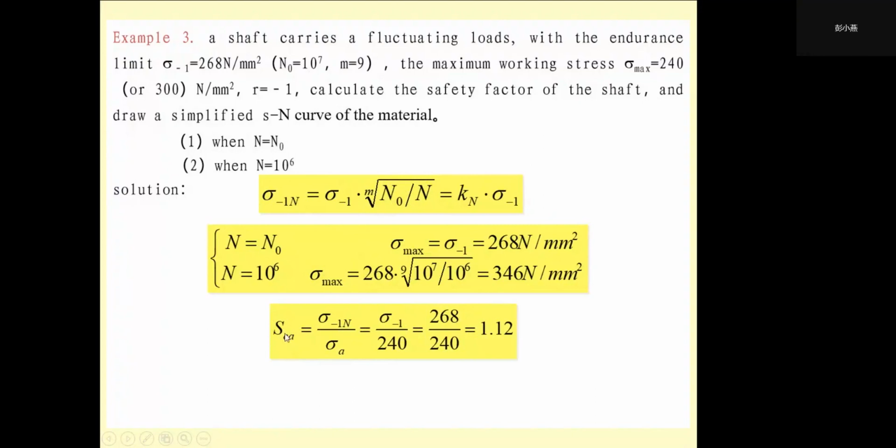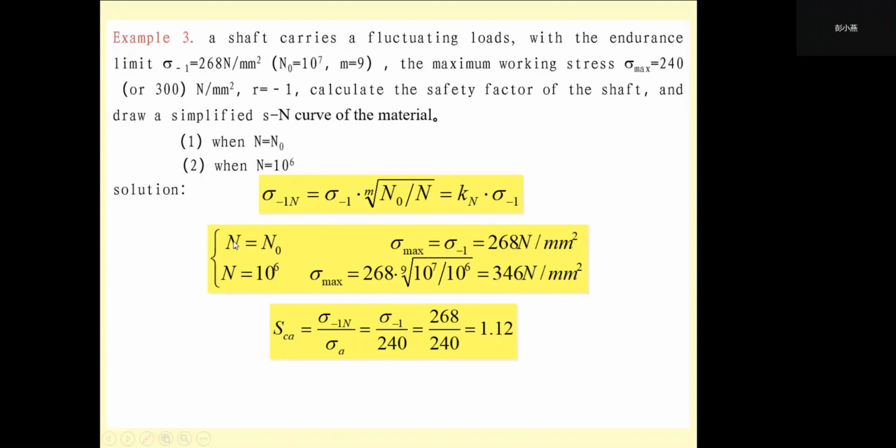And then we can calculate the safety factor when N is N0. It's the sigma -1 over the maximum working stress. The sigma -1 is 268 over the maximum working stress of 214. So the calculated safety factor is 1.12.